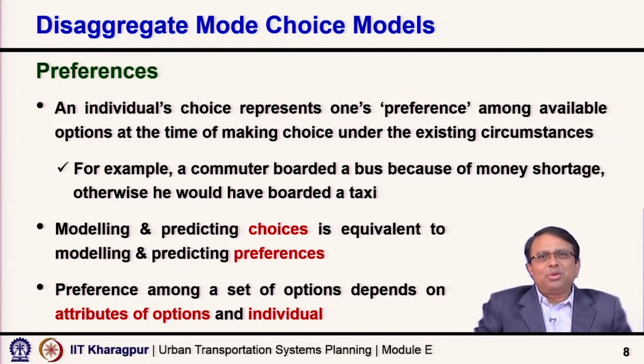So, that is his decision at that time. Another time, if he would have got a lot of money in his purse, probably he or she could have boarded a taxi, right. So, the decision is very much at that time under those existing circumstances.